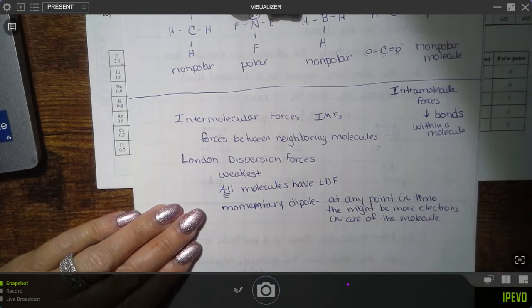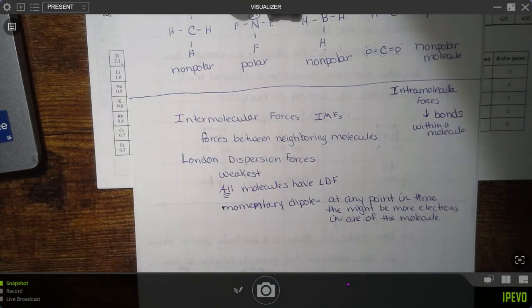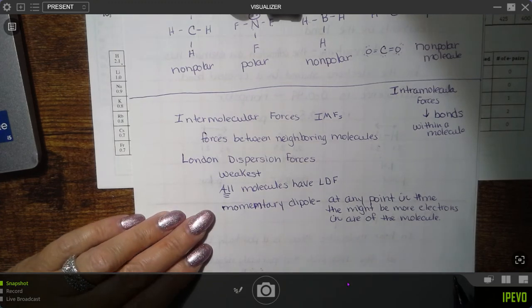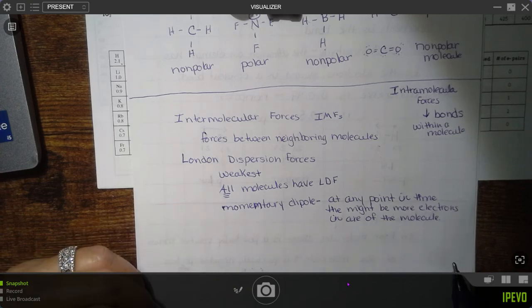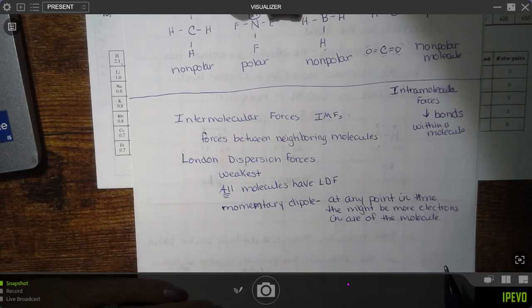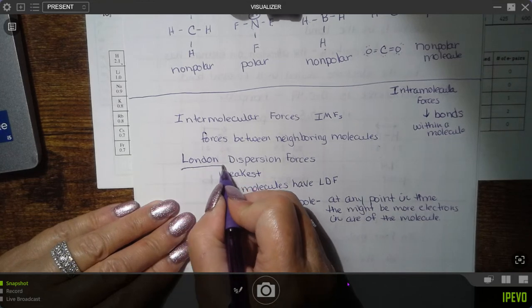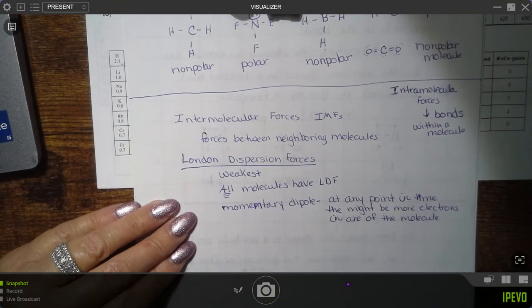If you have this momentary place where there are more electrons in the molecule, the electrons in a neighboring molecule are going to be repelled because like charges repel each other. So we call it a momentary dipole. It's not a very strong force. It's a very weak force, in fact, and it's instantaneous. It's not a lasting dipole. London dispersion forces happen in all molecules.